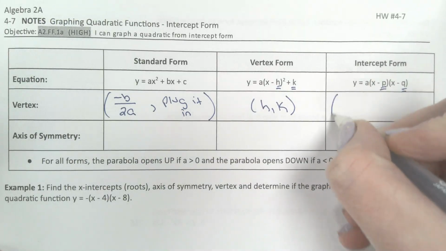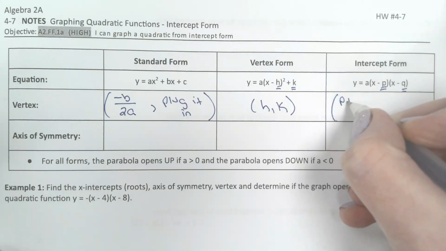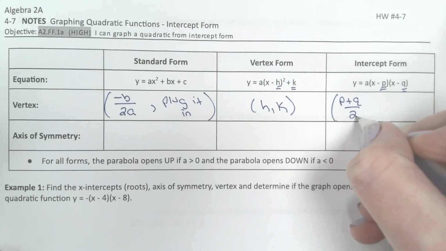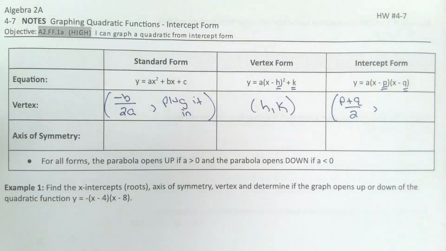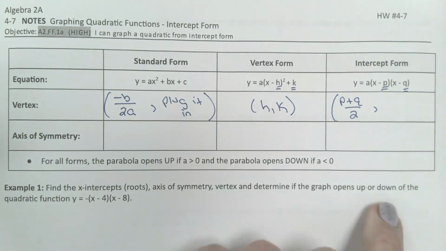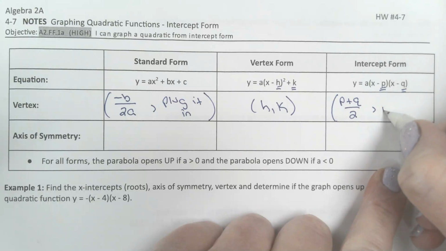So to find the x part of it, you're going to go P plus Q divided by 2. That's like the midpoint, like the average, the middle. And then for the y, it is going to be, plug it in.